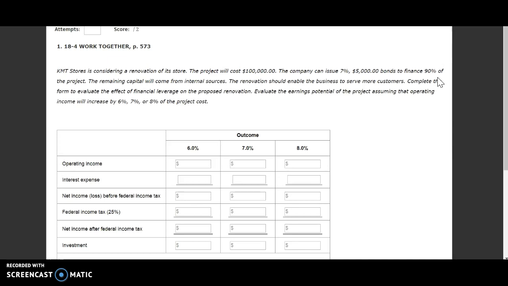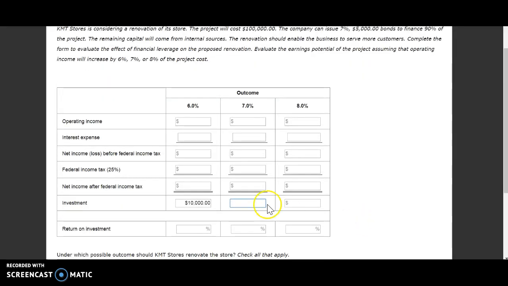If we take $100,000 times that 90%, the bonds would cover $90,000. That leaves $10,000 that we will have to invest on our own. So our investment is going to be $10,000. That investment is going to be the same across the whole board. Even if it's 6, 7, or 8%, the investment is still the same.